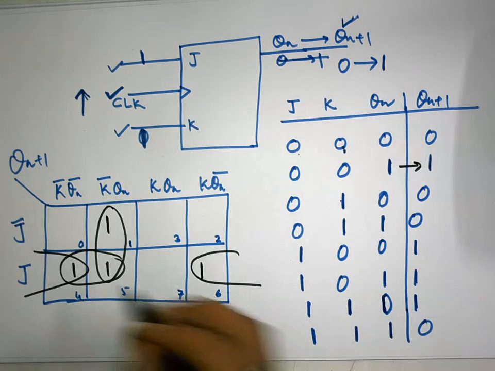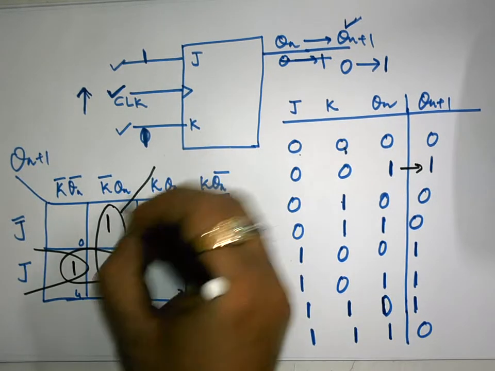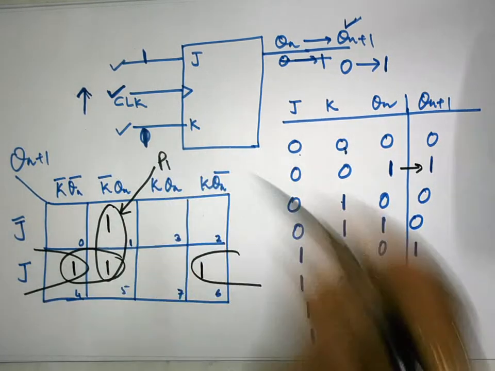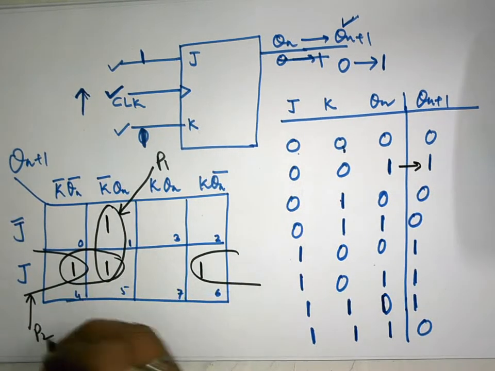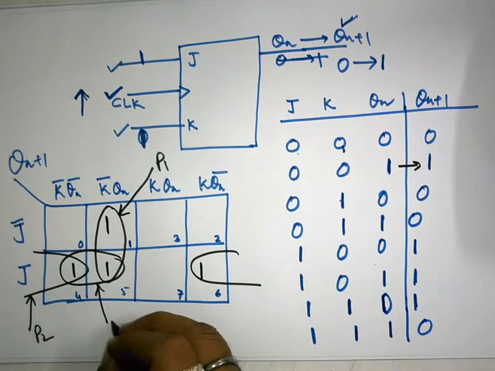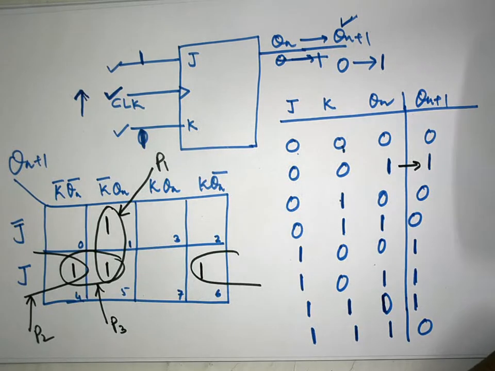Correct. This will give you the prime implicant P1. This will give you the prime implicant P2. This is going to give you prime implicant P3. Is there any non-essential prime implicant you see?